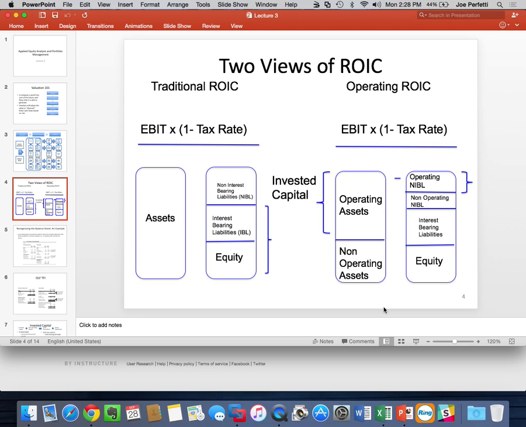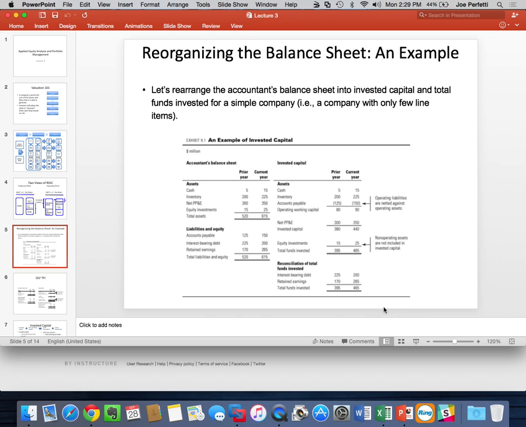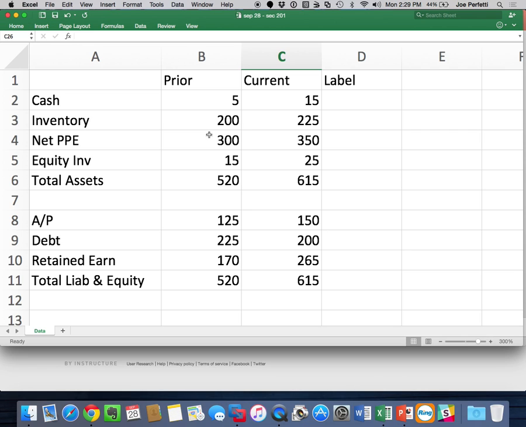All right, so let's get on to conversions. So using the example they have in the textbook, I pulled this right out of the textbook. Let's start with a very simple balance sheet. So this is the spreadsheet that I told you to download as part of this class. So assuming you downloaded the spreadsheet, this is the spreadsheet where I just retyped the numbers. You're welcome to type them up yourself if you want. But these are the numbers that came right out of the book. What I've added is something called labels.